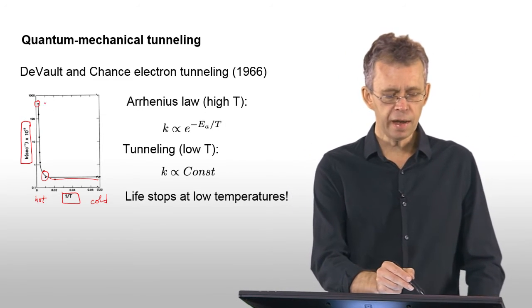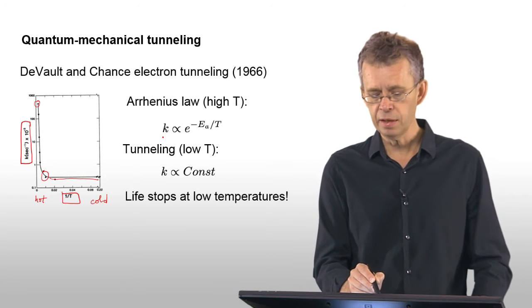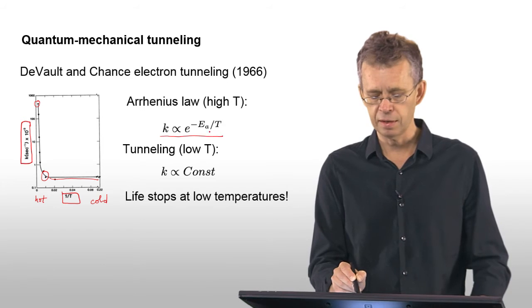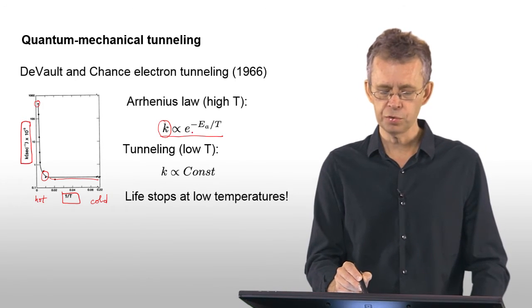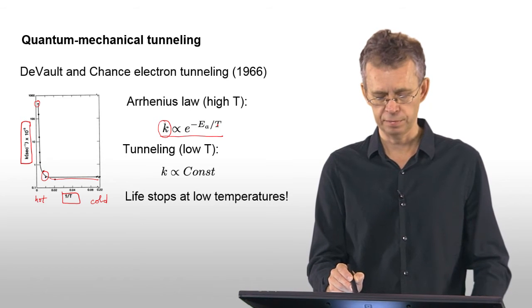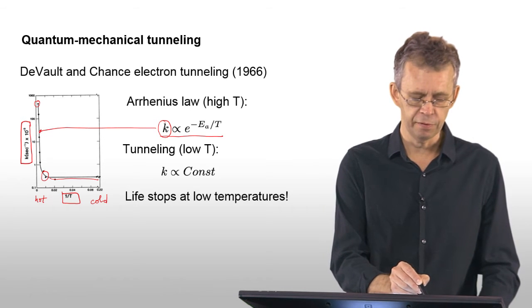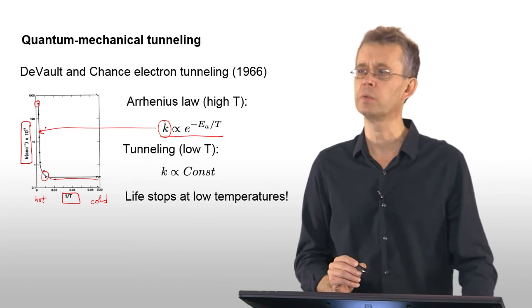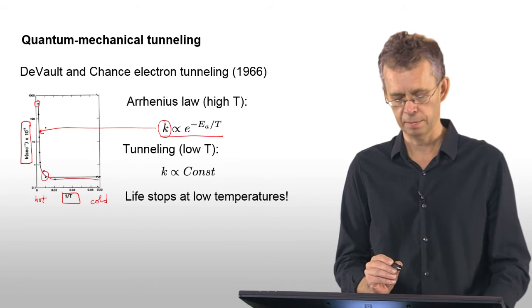The behavior at the beginning, at high temperature, can be described by what is known as the Arrhenius law, which tells you that the rate constant, k, is proportional to the exponent of the negative activation energy divided by temperature. That part describes the initial part of the plot where the rate drops down with cooling.